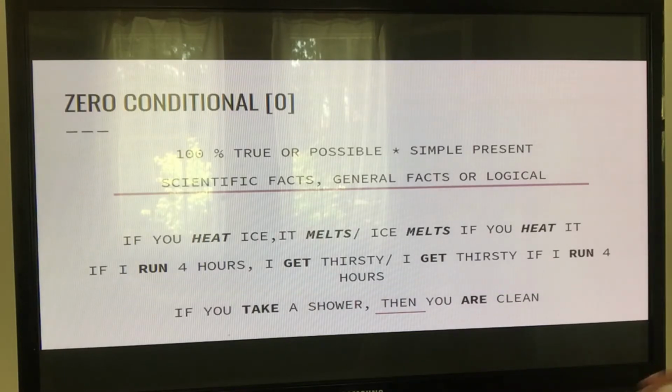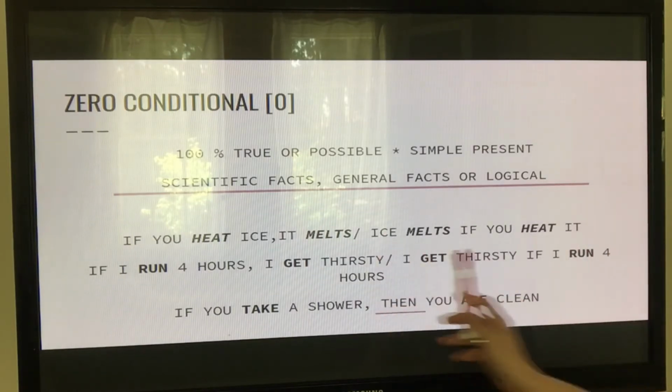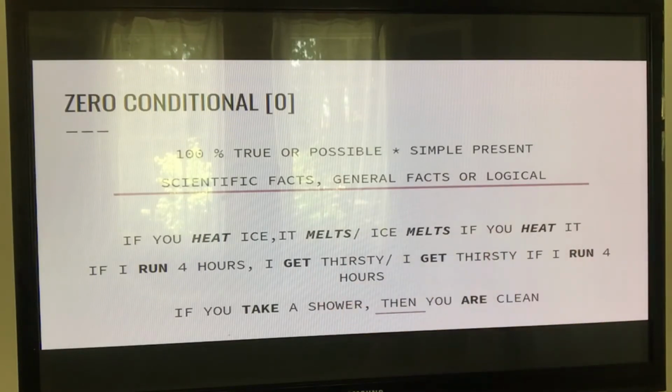So the first one says, if you heat ice, it melts. So you know that is a logical reaction. And here I have the same sentence. The only thing that I did was change the position between the main clause and the if clause.